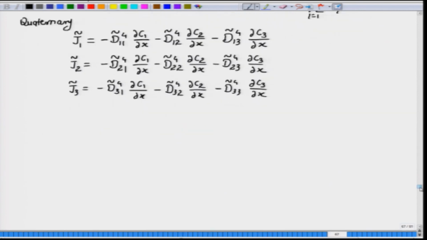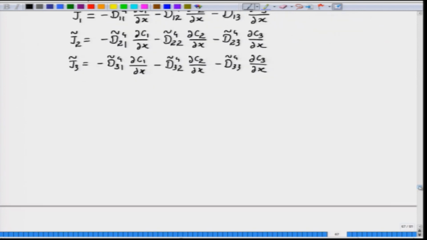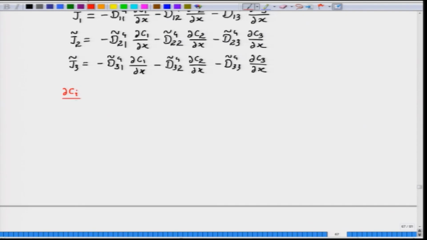To get to the diffusion equation, we can apply the continuity equation for individual components. So, we can write dou C i by dou t equal to negative dou J i tilde by dou x.